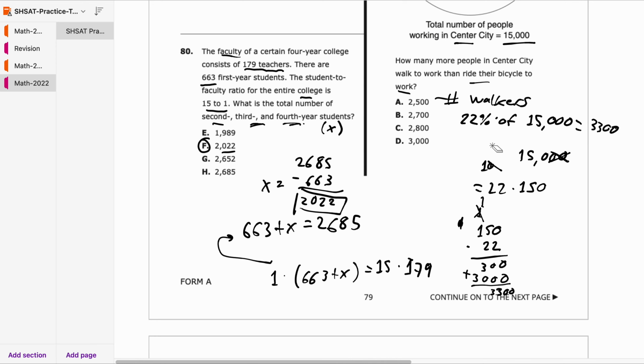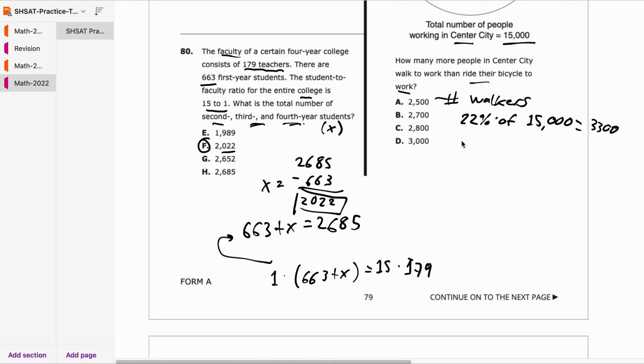Now, a shortcut that you could use to get that is, you know that 1% of 15,000 is just 150.